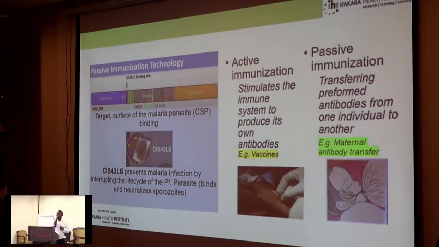We get these antibodies transmitted directly through the uterus, and that's how we get early protection from malaria. Otherwise, when you are born, you can no longer get these antibodies directly from your mother, although you can get them by breastfeeding in the first few months. After that, you need to be vaccinated so that you produce antibodies yourself.